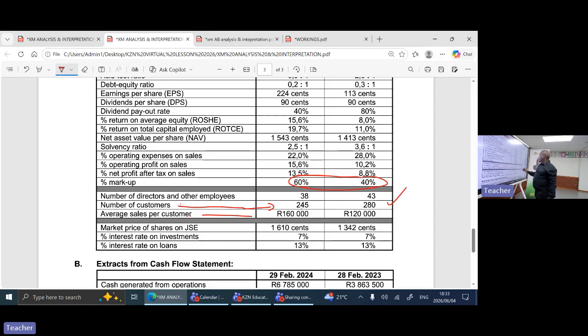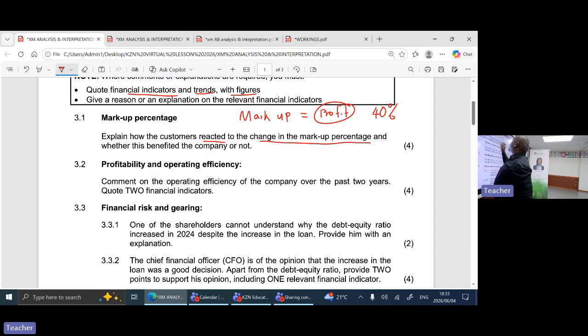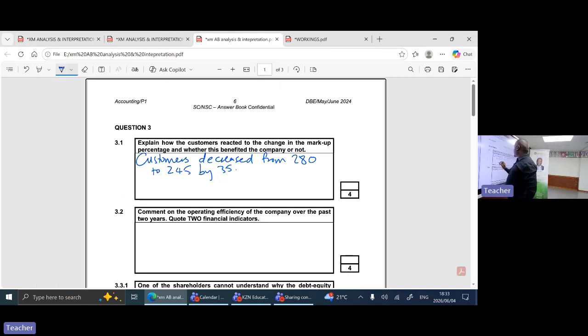All right, so I will show you how sales increased. I can just mention here that the average sales per customer increased by 40,000, which is 160,000 minus 120,000.